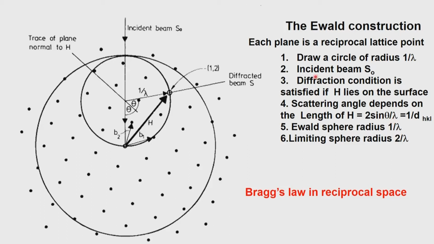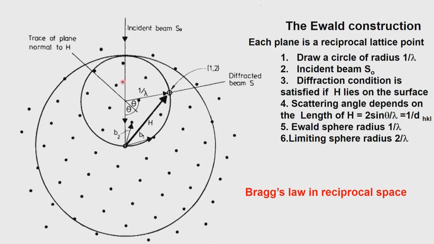So, we see here that in this entire diagram we have shown only one possibility of a diffraction point. Then how do we get all these reciprocal lattice points to diffract? The solution is very simple: you rotate the crystal. As you rotate the crystal, the reciprocal lattice itself will start rotating.